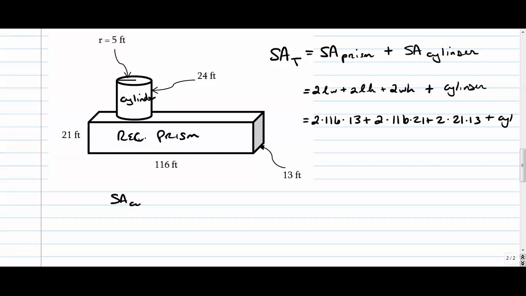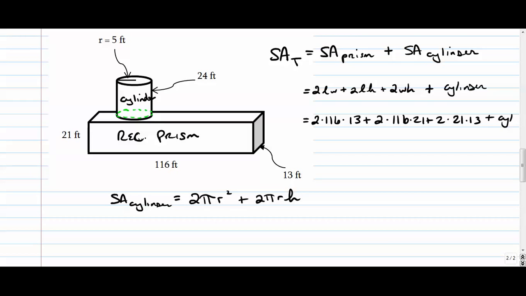The surface area of just the cylinder in this particular case, this is the formula that we always start with: 2 pi r squared plus 2 pi r h. But if you think about this cylinder, it's sitting on top of a prism. So the base of the cylinder, which is a circle, you can visualize it down here, is not going to be included.